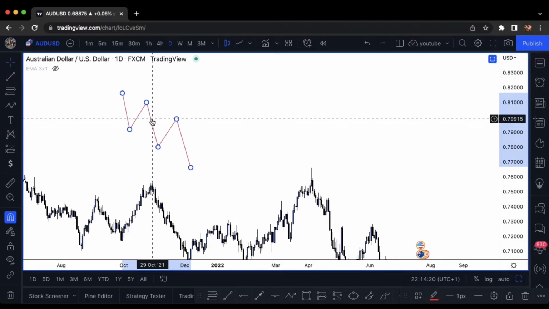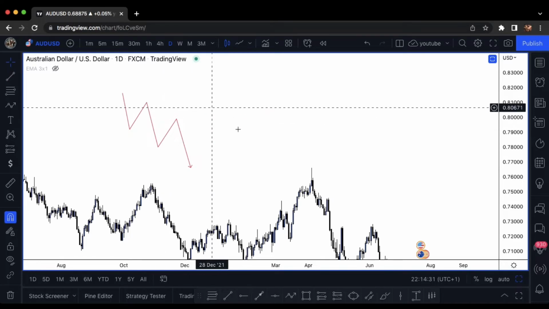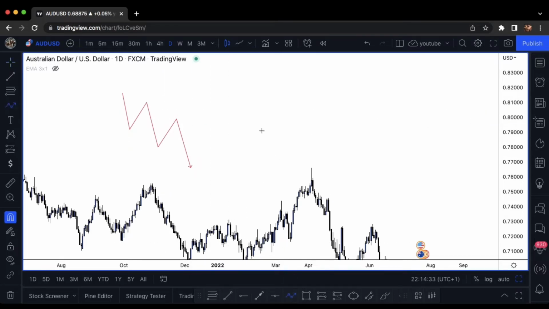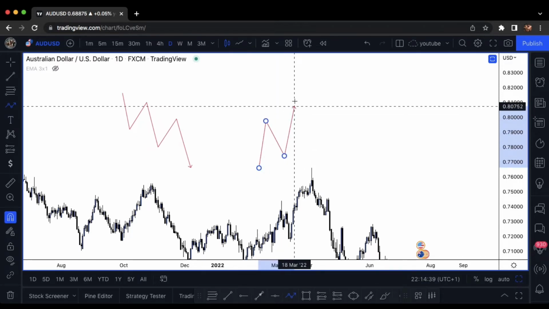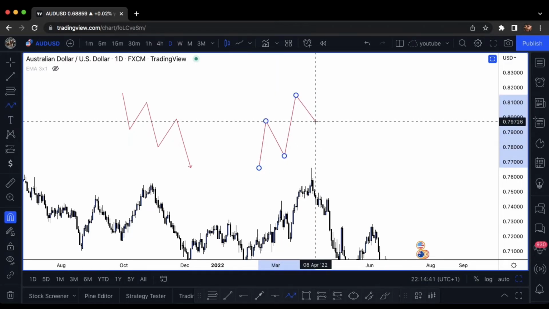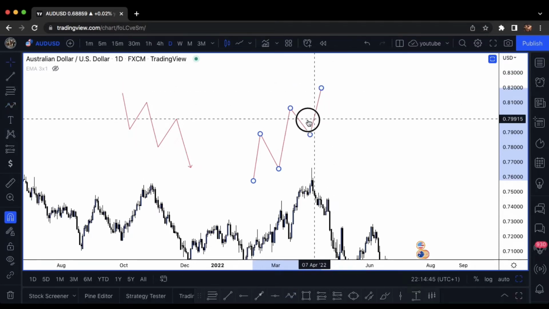Obviously, in real time candlesticks, it's never that perfect, but this is the concept of it: lower lows and lower highs. So for a bullish market structure, it's usually a low, high, higher low, and then a higher high, and then a higher low, and then a higher high. Now that is a bullish market structure.